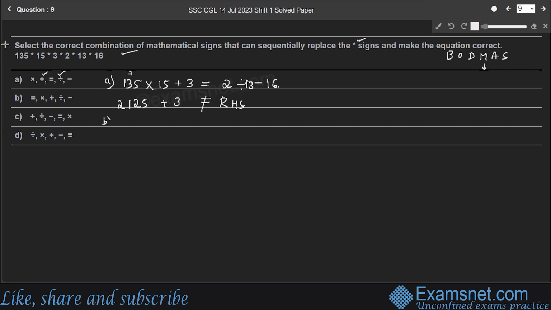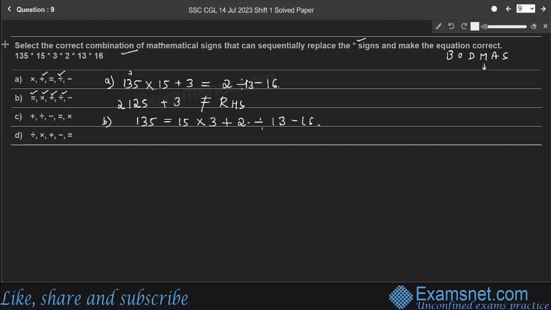And the second option, so 135. In place of the first asterisk, let us place equal to 15. The second asterisk should be replaced by into 3, plus 2, asterisk 13 divided by 13 minus 16.